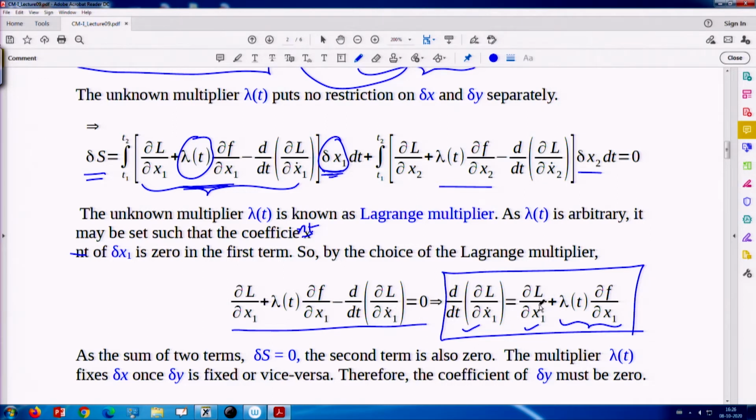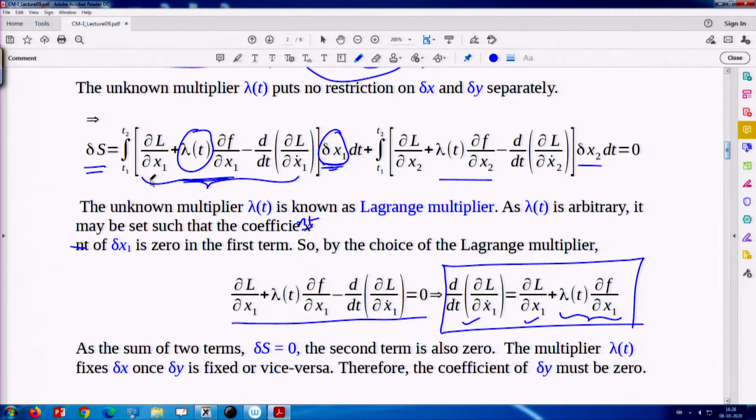If you write in generalized coordinates, then the coordinate may appear even in the kinetic energy term, the coefficients. And what is this? This is also some force, and this force has to do with the constraint that has been applied on the system.